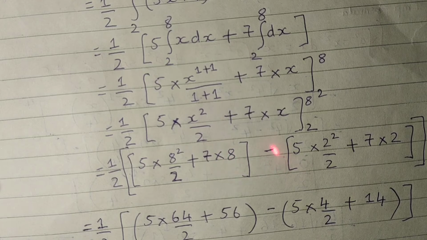Close the square bracket, minus sign is there, then the square bracket 5 into x, you put the lower limit 2 square divided by 2, plus 7 into the lower limit 2, close the square bracket and close with a bigger square bracket.